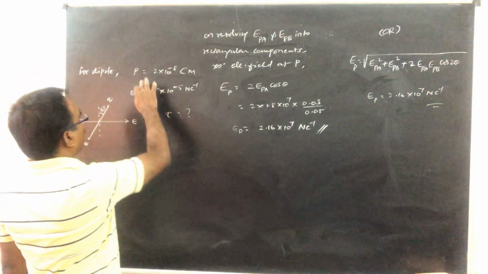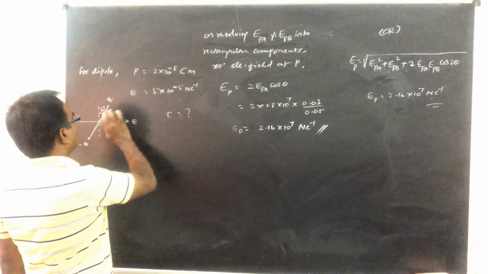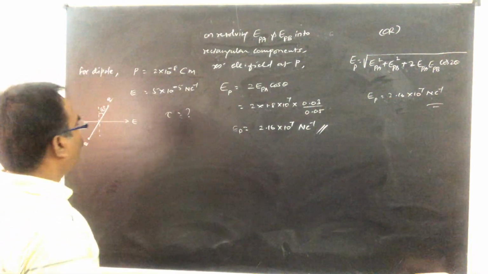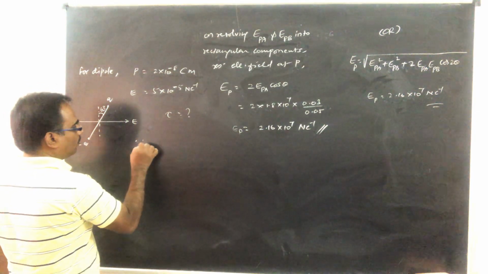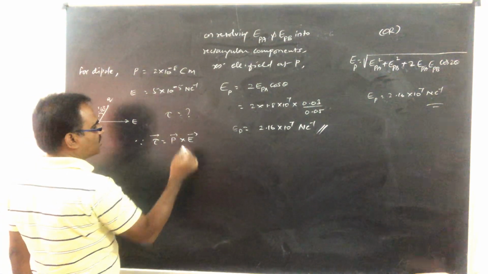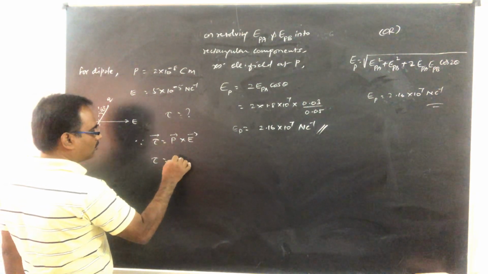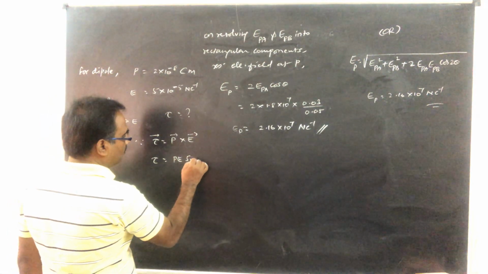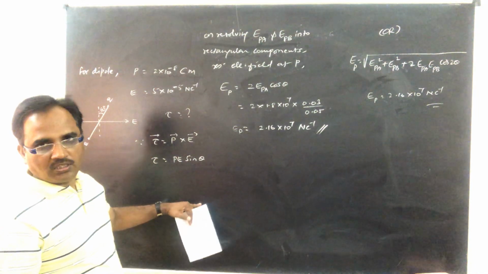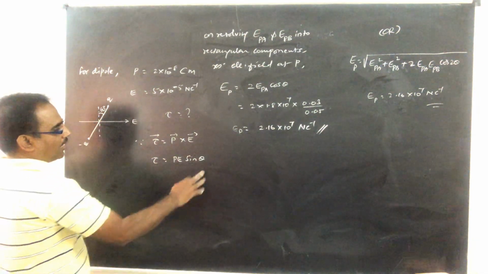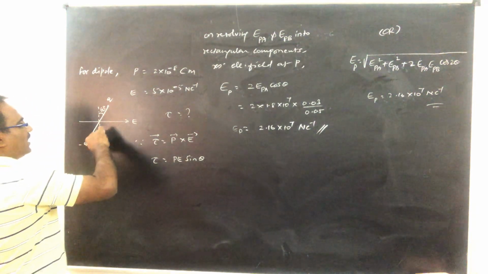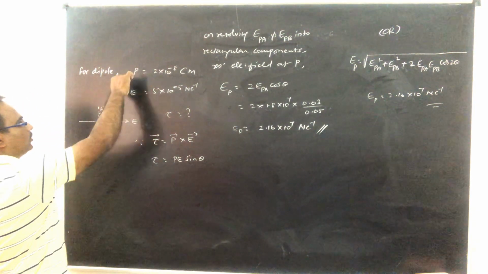So the dipole moment is given, the electric field is given, this angle is given. From this you are asked to find the torque acting on the dipole. What is the basic formula for torque acting on a dipole? Tau is equal to vector P cross E. If I take the magnitude, it is P E sin theta. What is this theta? In the derivation, I told you that theta is the angle between P and E. So this is the direction of P, that is negative charge to positive charge.